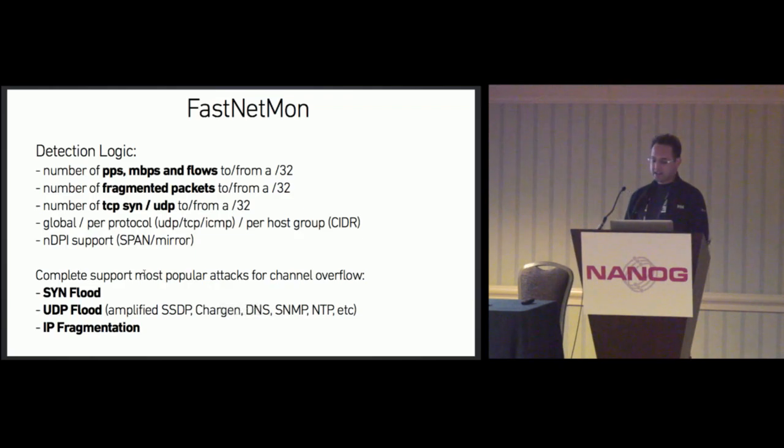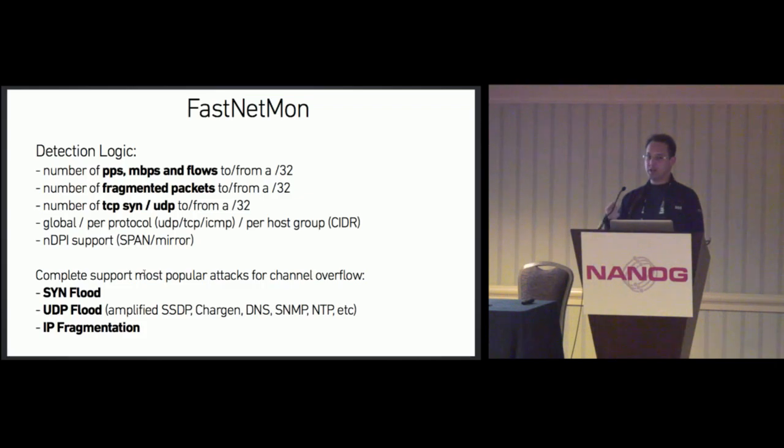So how does the detection logic work? Basically, FastNetMon relies on thresholds. If you know the amount of PPS, megabits per second, or flows targeting a specific /32 of your network, that's all you need to use FastNetMon and detect. So let's say you are an ISP and you expect 200 megabits for a specific IP.